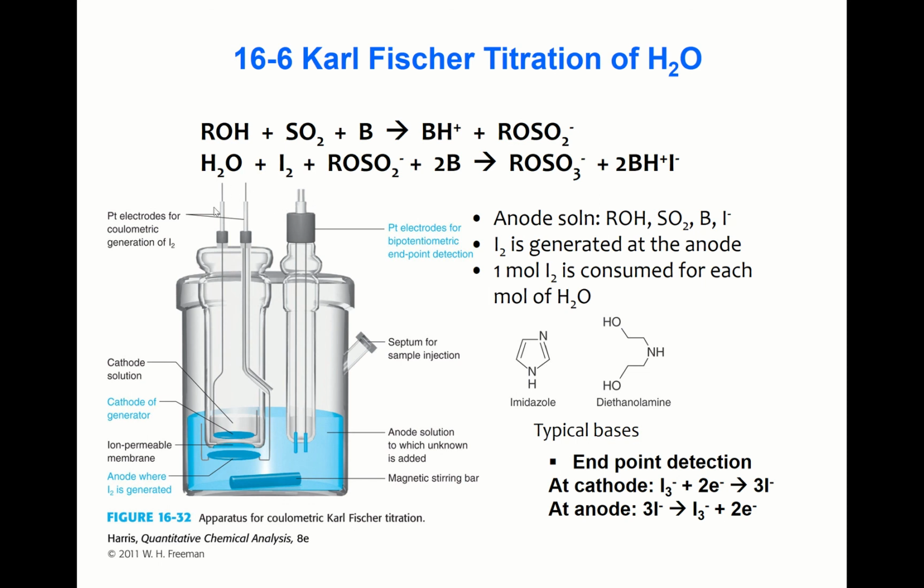In order to use this reaction, you need to have iodine, not iodide. So iodine is generated at the anode by oxidizing this iodide here. Look at that. This is anode. The solution contains iodide, right? And this is cathode.